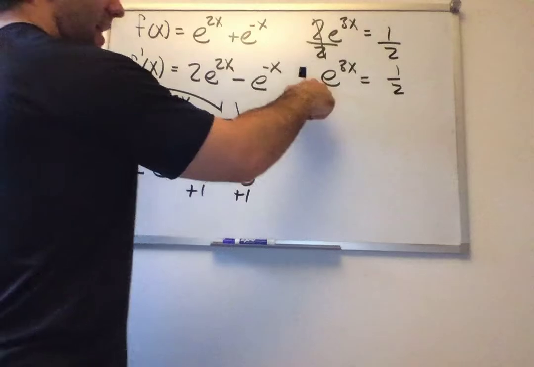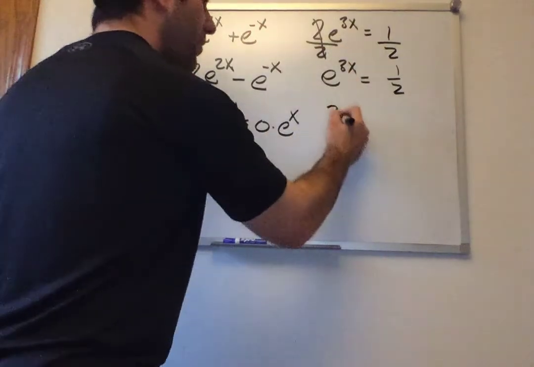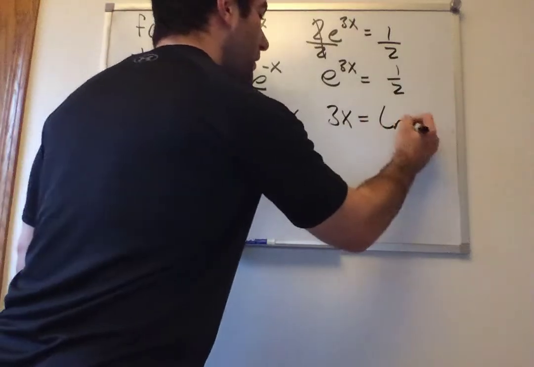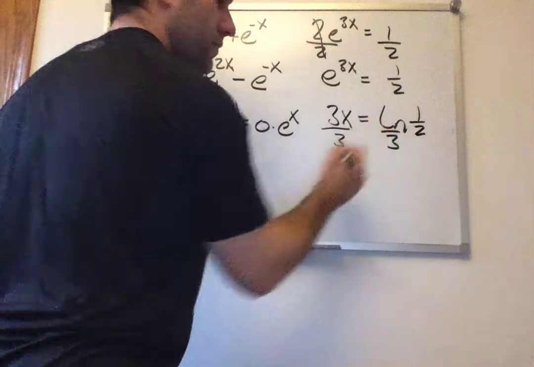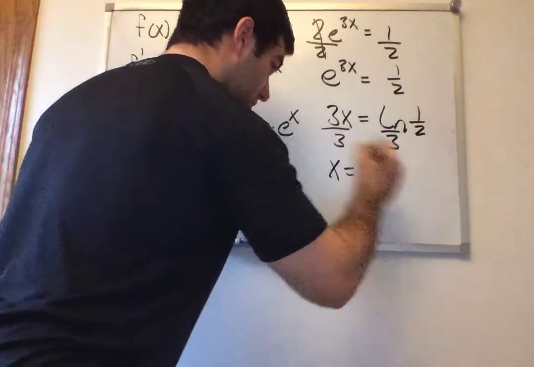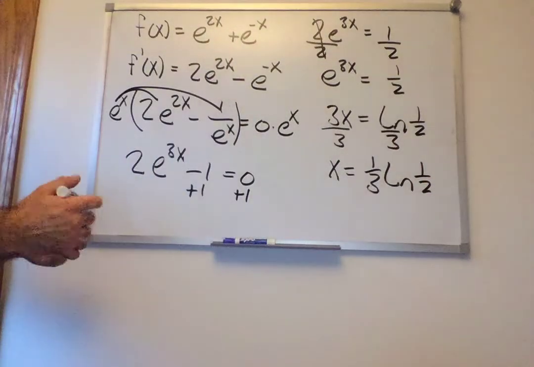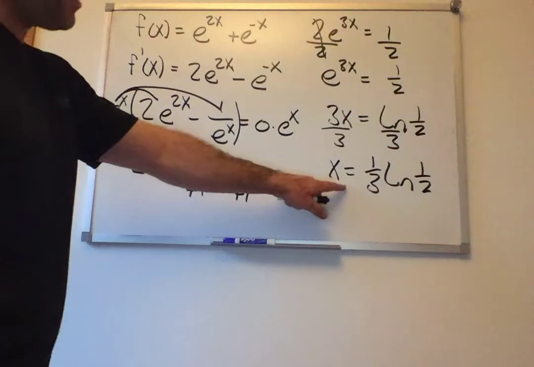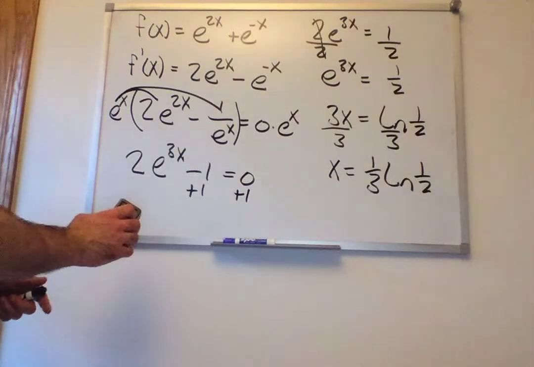When I take the ln of the left side, the ln of e goes away, and I just end up with 3x is equal to ln of 1/2, and then just divide by 3. So I get x is equal to 1/3 ln of 1/2. This is my critical number right there.